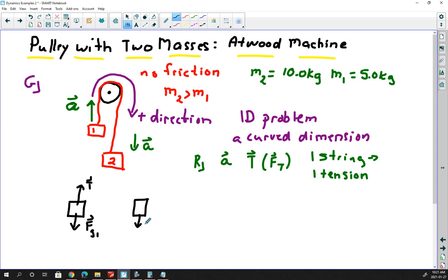Force of gravity on the second object, and tension.